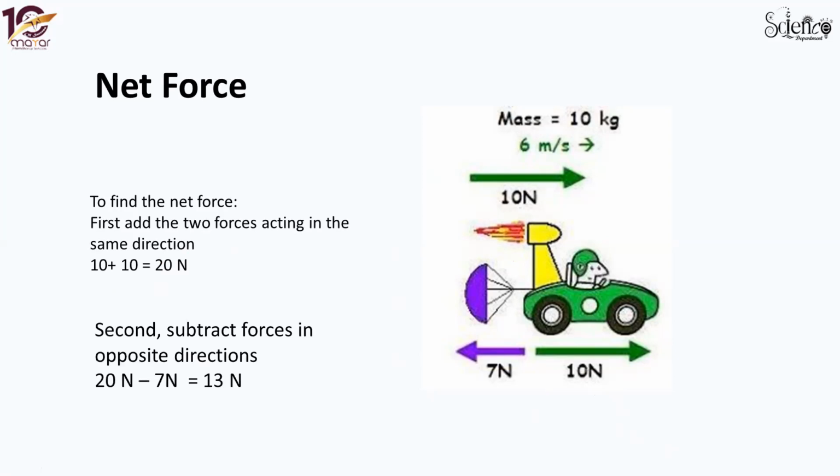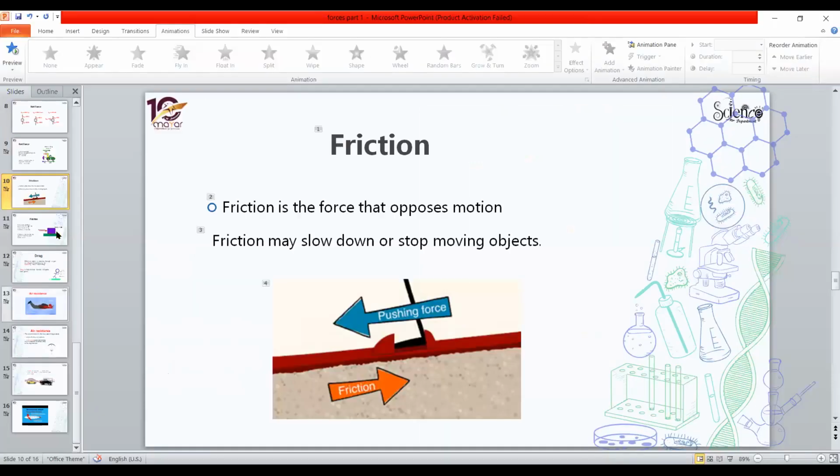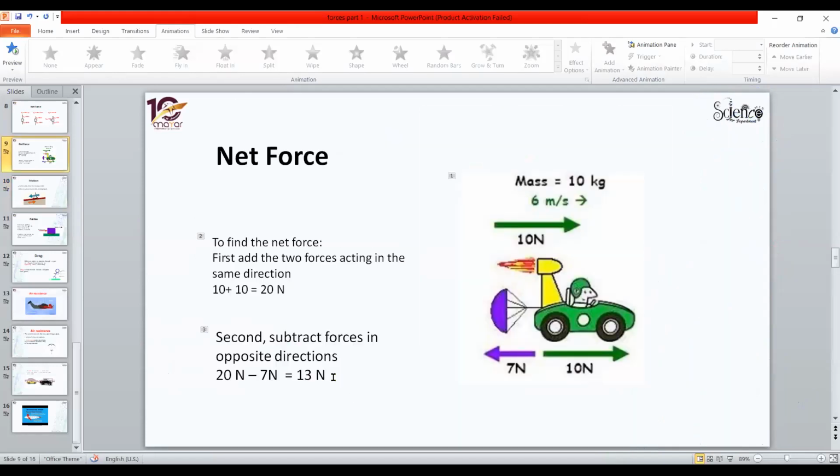So in this case, I'm going to subtract this force. So 20, the total of the 2 forces acting to the right, minus 7 Newtons, which is the force acting to the left. The total is 13 Newtons. But where is the 13 Newtons acting? It's acting to the right, okay?